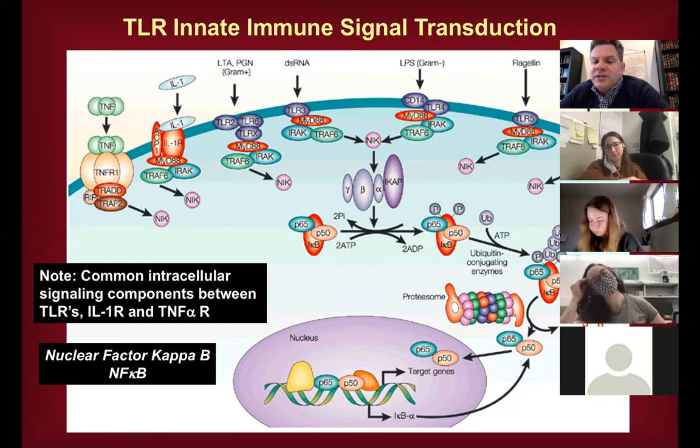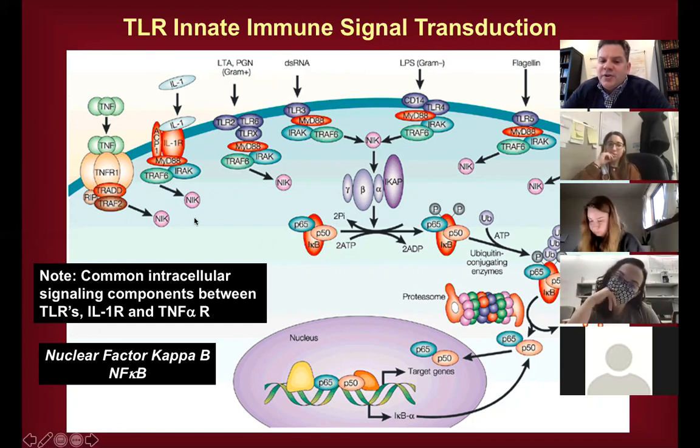And then what we see here is the activation of NF-kappa B. I have a better slide for this. Next slide will show this a little bit better. But what this slide shows you too is that you see a lot of these same intracellular signaling molecules attached to the IL-1 receptor. So you have the MyD88, this is an IRAK, this is a kinase.